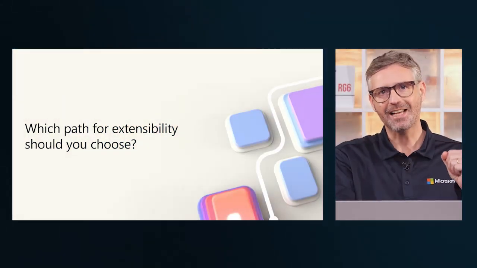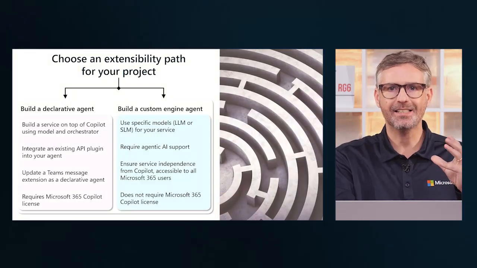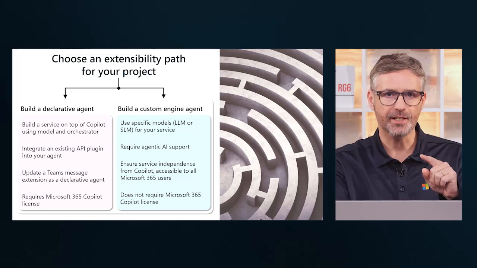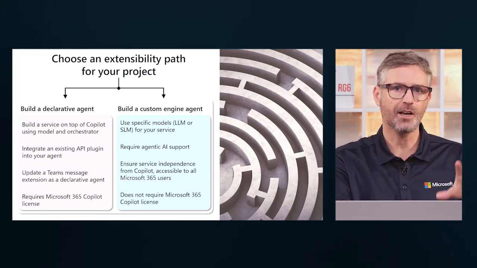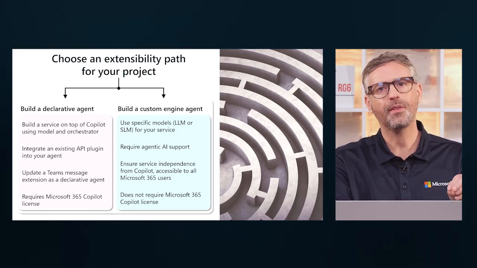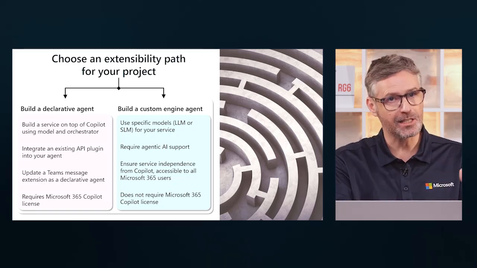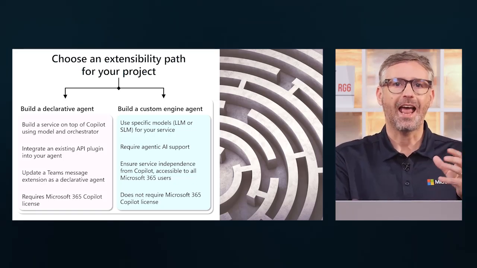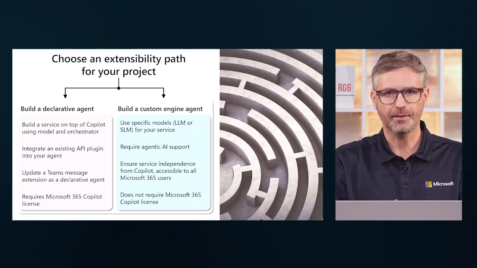Now, let me ask you an important question. Which path for extensibility should you choose? Your first decision is whether to extend Microsoft 365 Copilot by using the existing orchestrator to build a declarative agent, or whether to use your own custom orchestrator to build a custom engine agent. So, extend Microsoft 365 Copilot if any of the following apply.